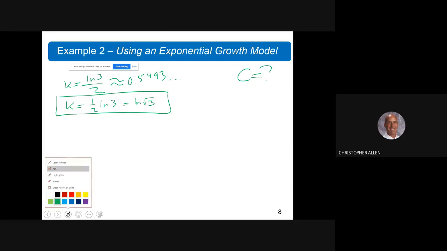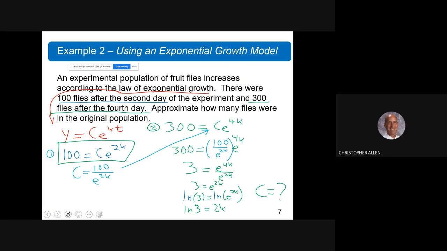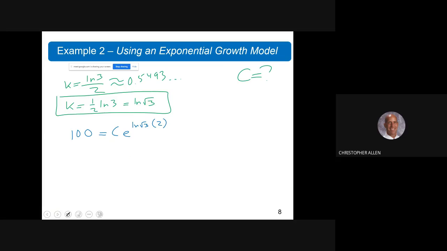So now we'll go back to the first equation, and I'm going to say 100 equals c e to the ln of the square root of 3 times, I think it was 2, wasn't it? Wasn't it 2k? Yeah. So this was back from the first equation. This was the first equation, and I just substituted that in for k.